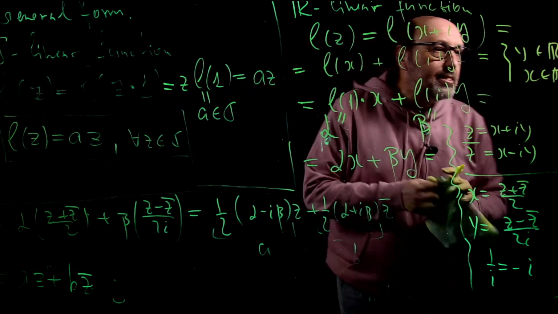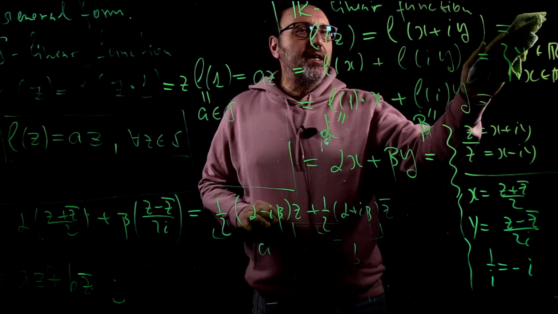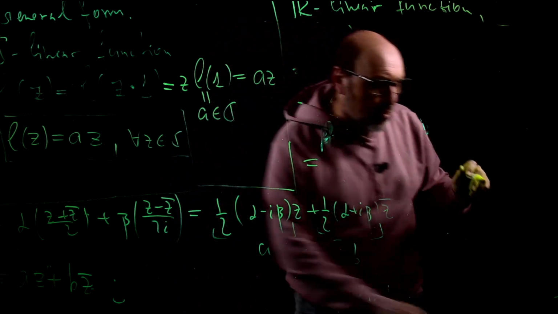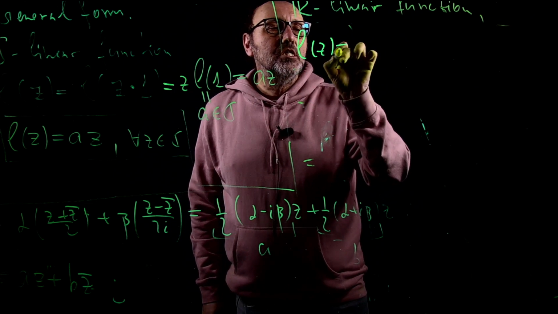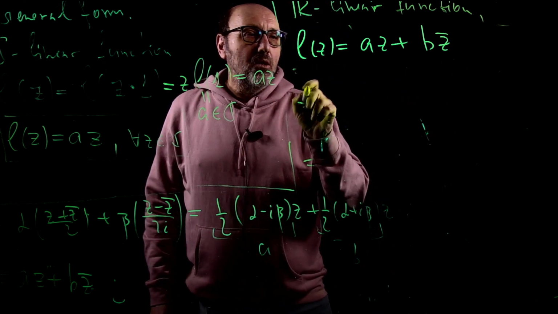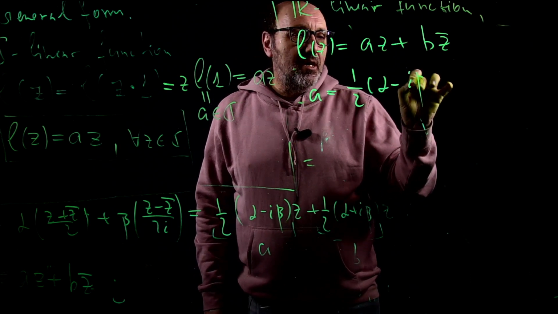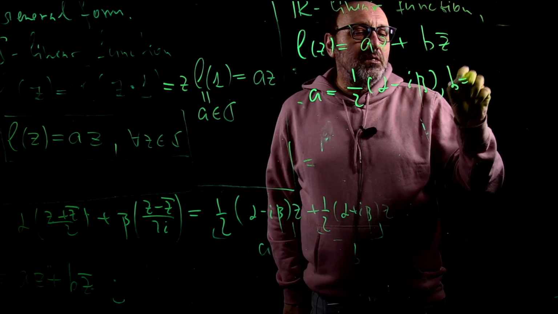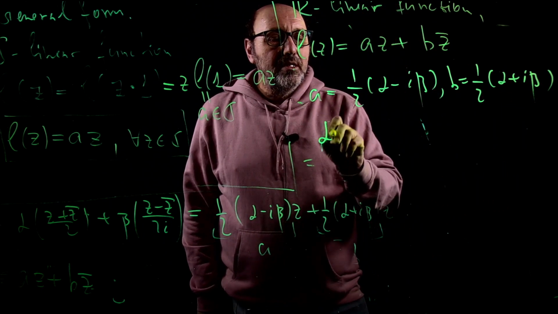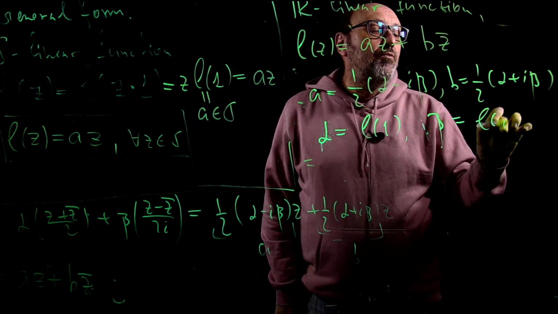So let us sum up what our conclusion is. We obtain that our linear function has the form L of z is equal to az plus b z bar, where a is equal to 1 over 2 times (alpha minus i beta), b is 1 over 2 times (alpha plus i beta), alpha is L of 1, and beta is L of i.